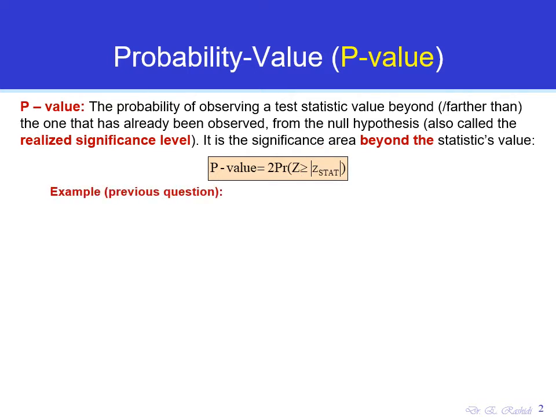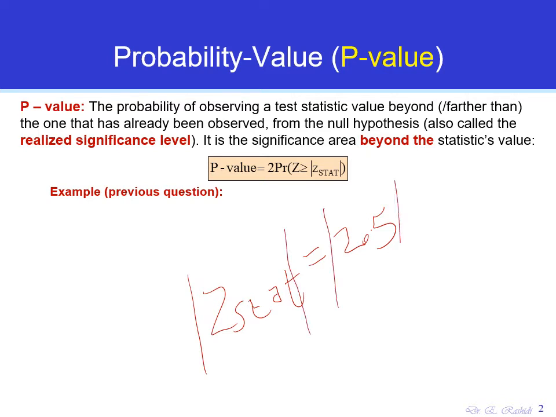Let's see an example. Let's go back to our example 2, for which we did a two-tailed hypothesis testing. The p-value for that, let's compute that. The test statistic value for example 2, the z stat, was equal to 2.5. So the absolute value of 2.5 is also 2.5.